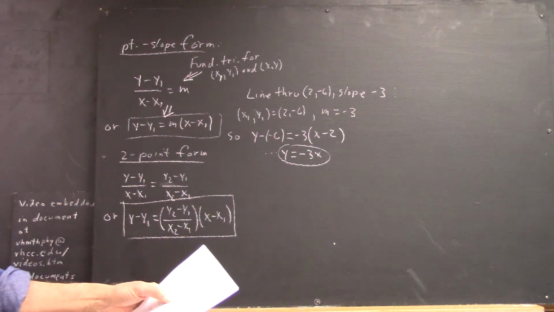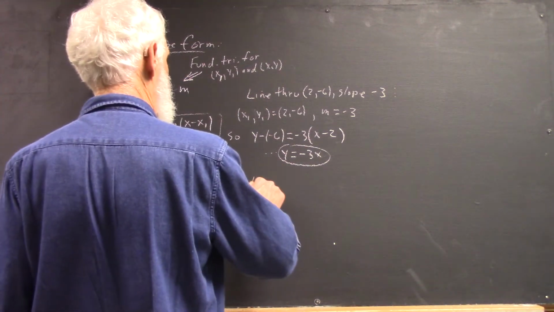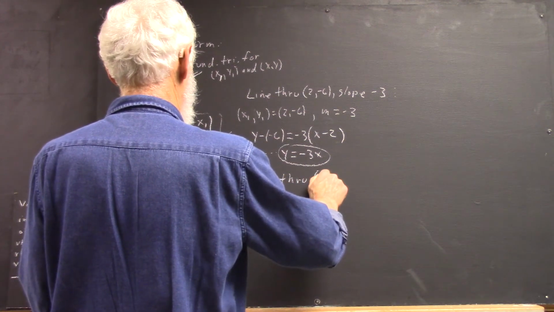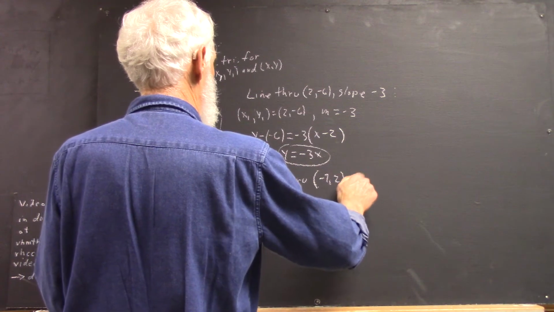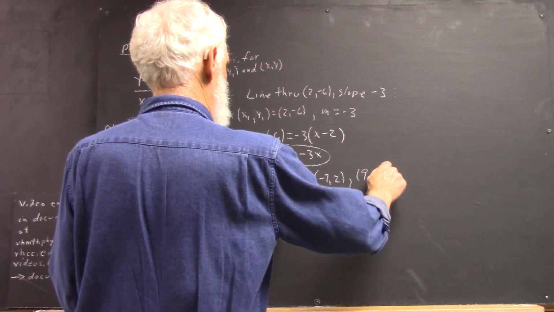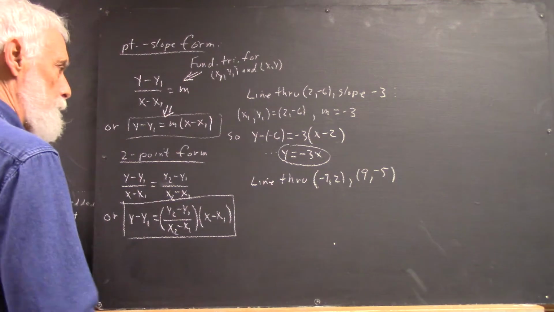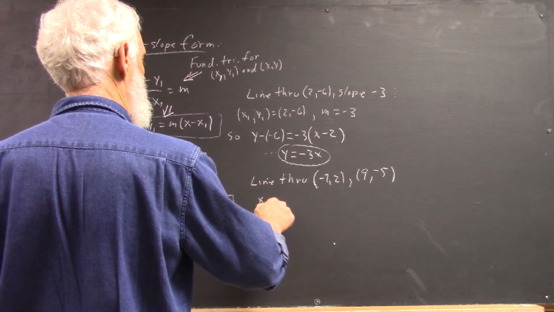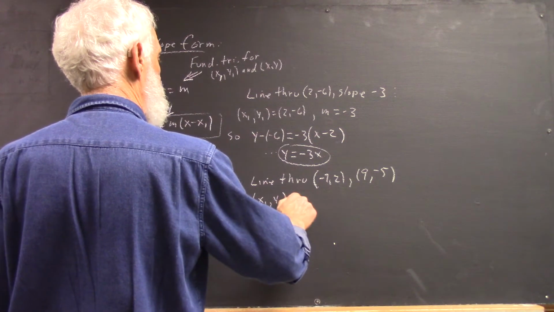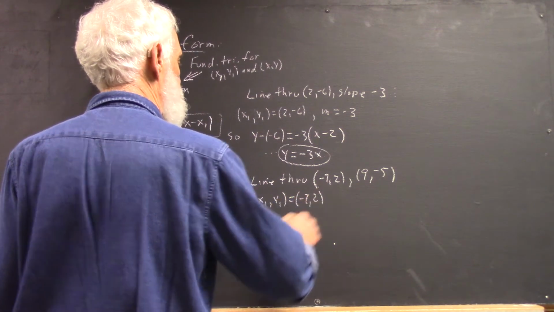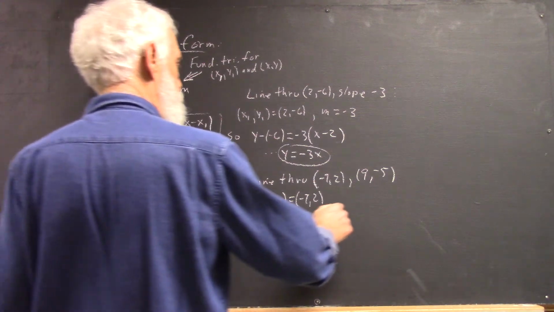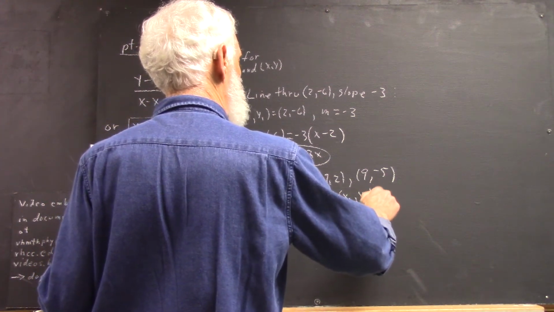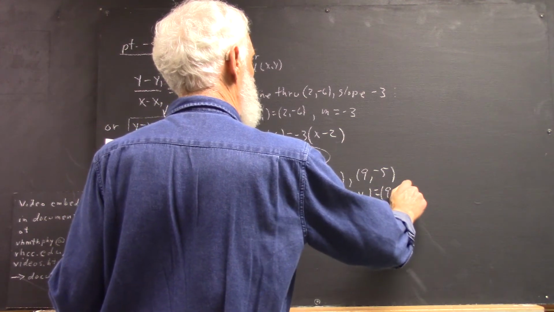Now the other equation is a line through -7, 2, and 9, -5. Okay? So, one of the points will be x1, y1, doesn't matter which, but we'll take the first one. x2, y2 equals 9, -5.